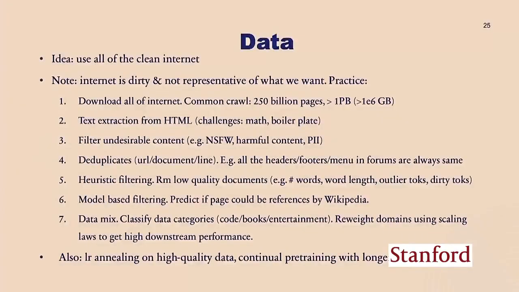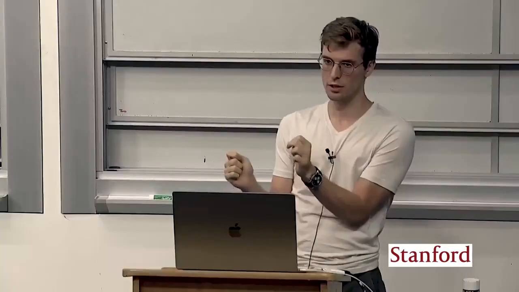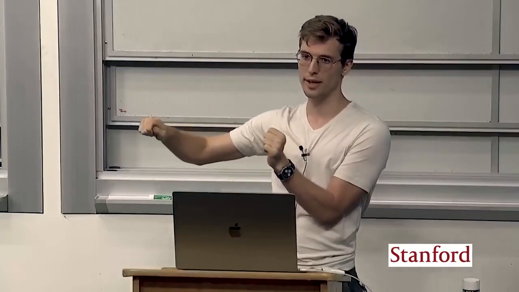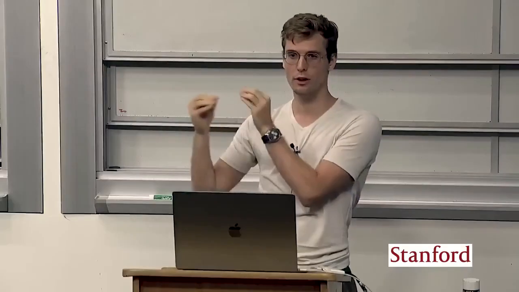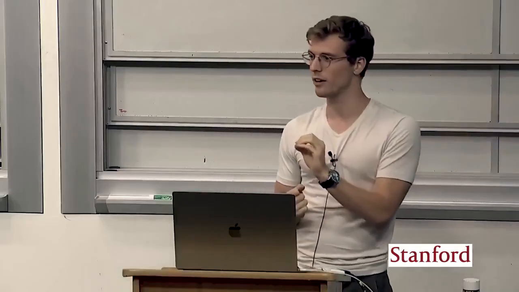And then at the end of training, after training on all of this data that we saw, you usually train on very high quality data, where you decrease your learning rate. That basically means that you're overfitting your model on very high quality data. So usually what you use there is Wikipedia. You basically overfit on Wikipedia and on human data that was collected.